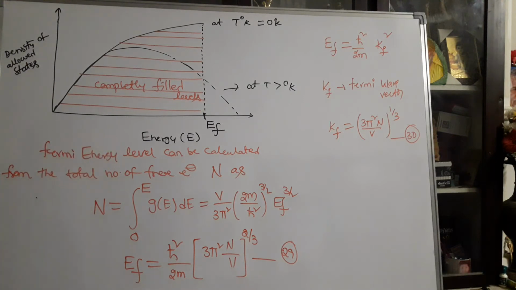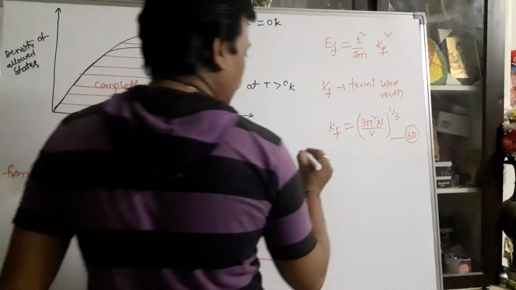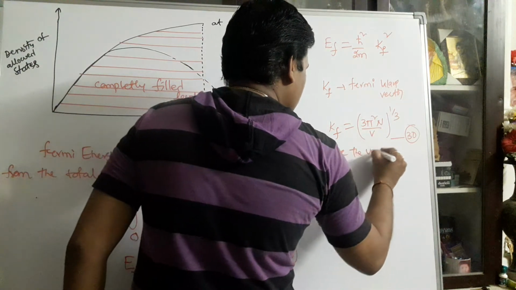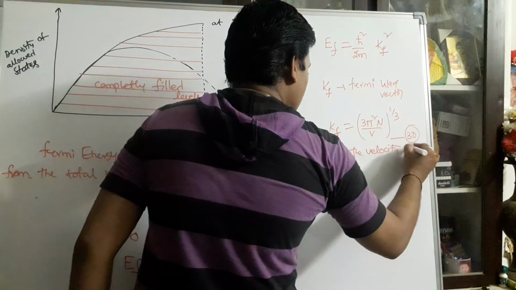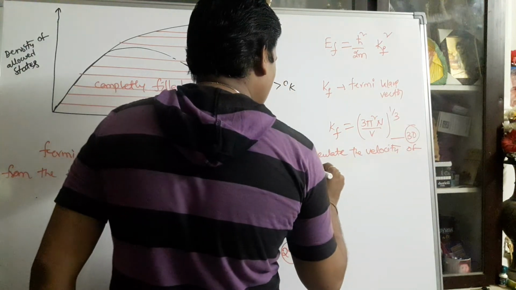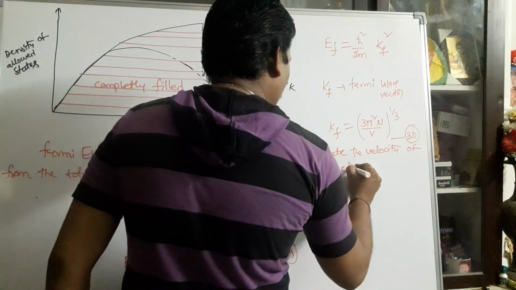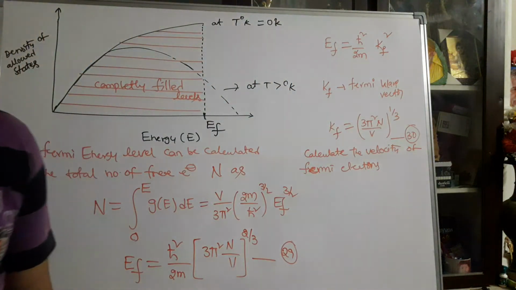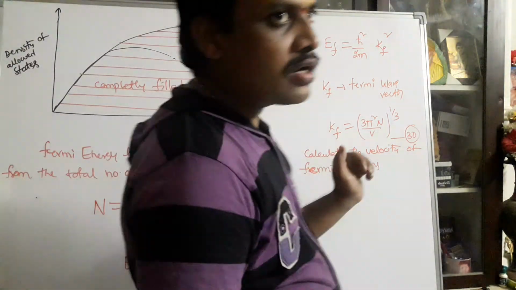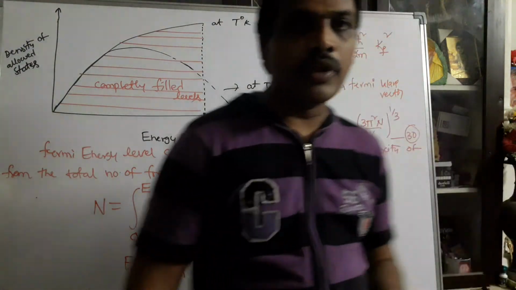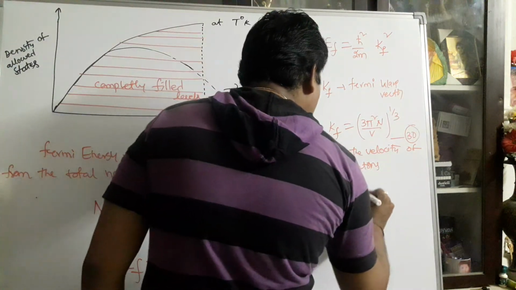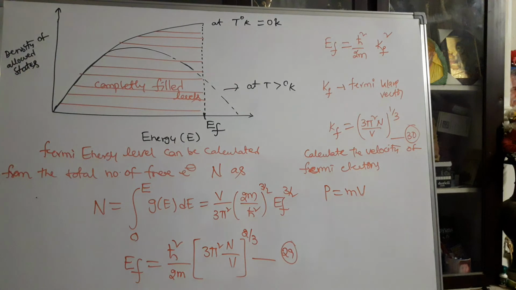Based on that, we can calculate the velocity of Fermi electrons. Everyone knows if any particle or electron is moving, it has momentum. According to the basic definition, momentum P is equal to mass into velocity.